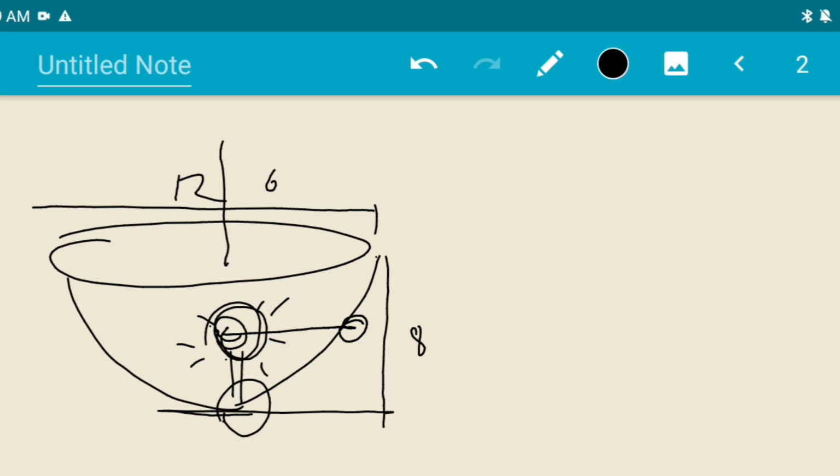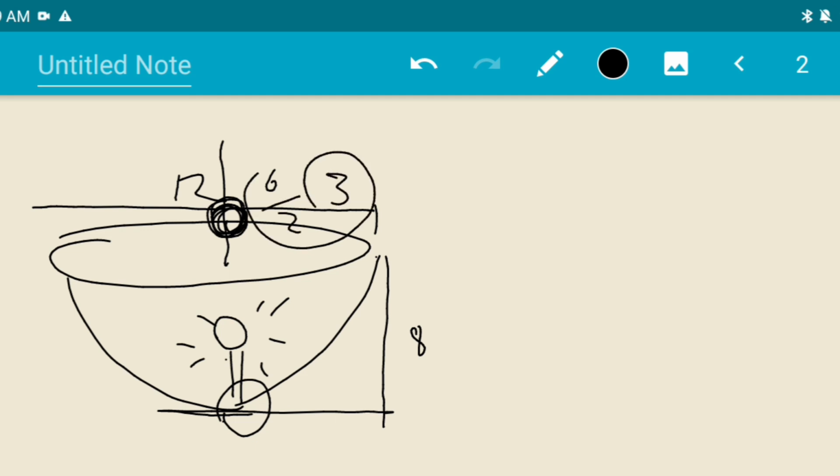Yes, that is true, but we can't apply it here because the foci is not located here. We would have cut that in half, we'll have a 6 here, and then 6 divided by 2 would be a 3, and that 3 would be the distance from the vertex to that foci, which is here. But we can't apply that. Why? Because the focus is not located here. I hope you got that.